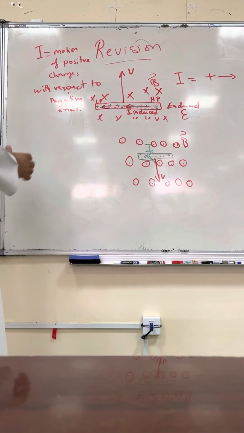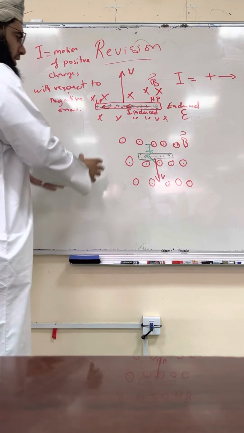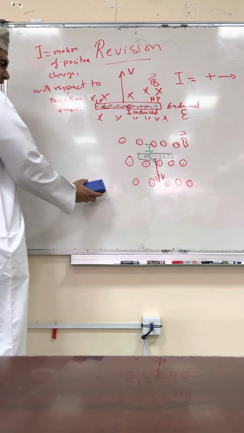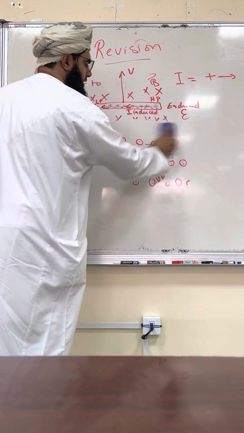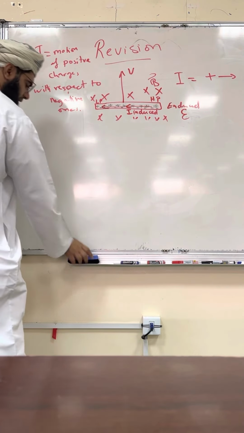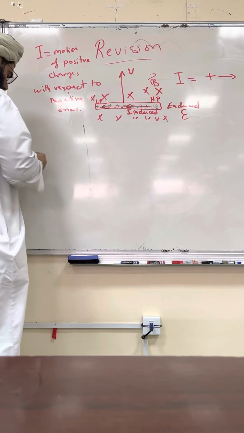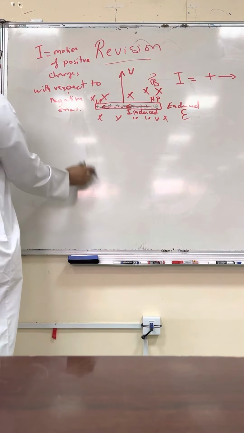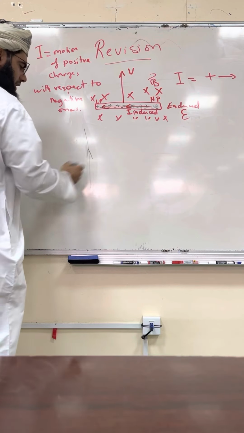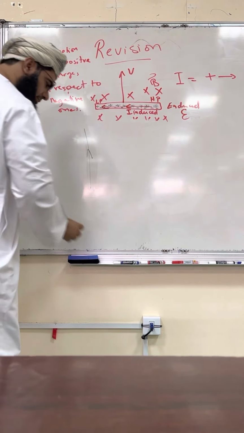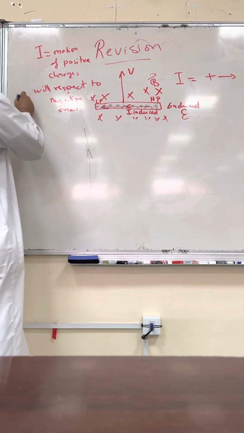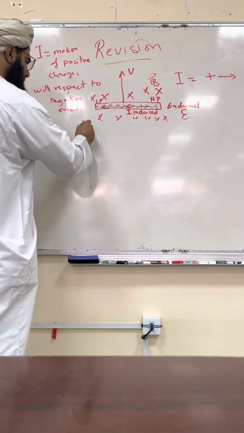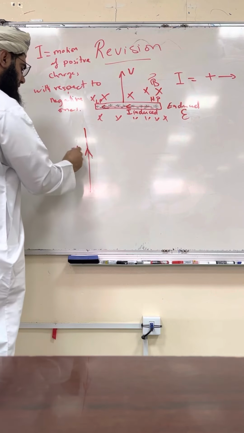Now let's make this a little bit more complicated. We just add something to this. Now we have a current moving to the top like that.